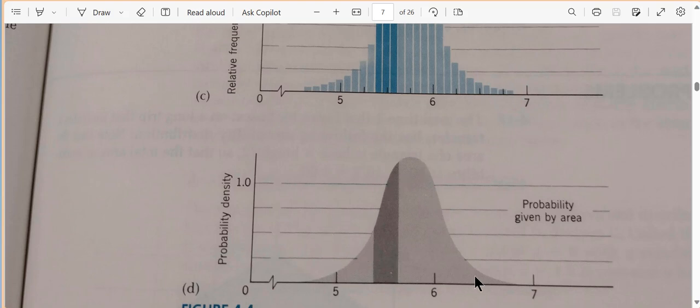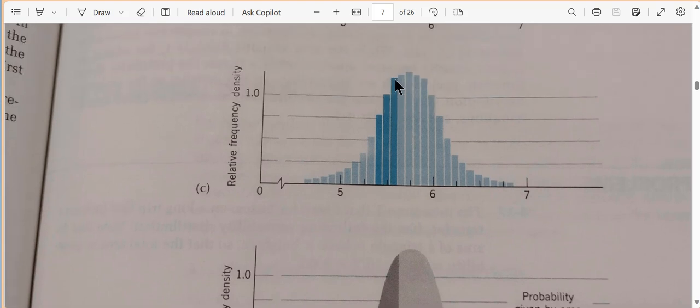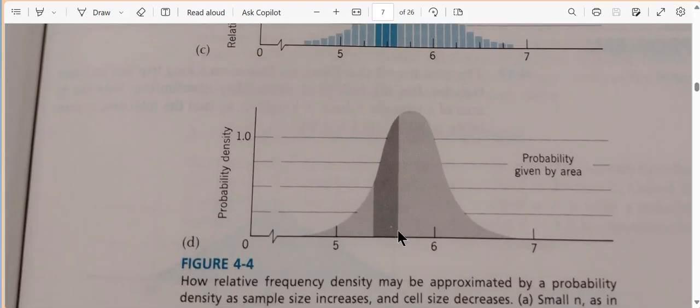Okay. So the thing is, once we get this probability density function, whereas here we could say the height of this bar tells me how many people are in this interval, now I don't have intervals anymore. I've made the number of intervals infinite, so they got so narrow that there are no intervals anymore, and I don't look at the height per se.